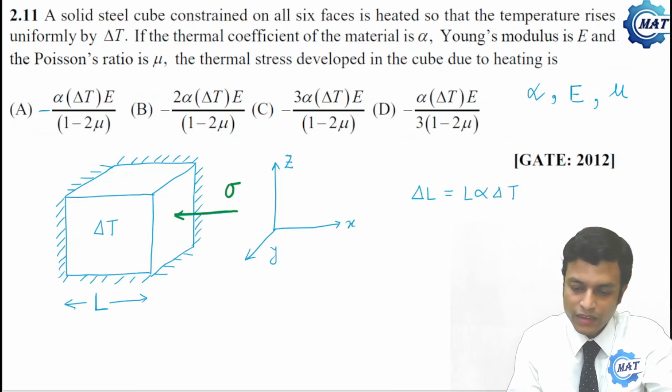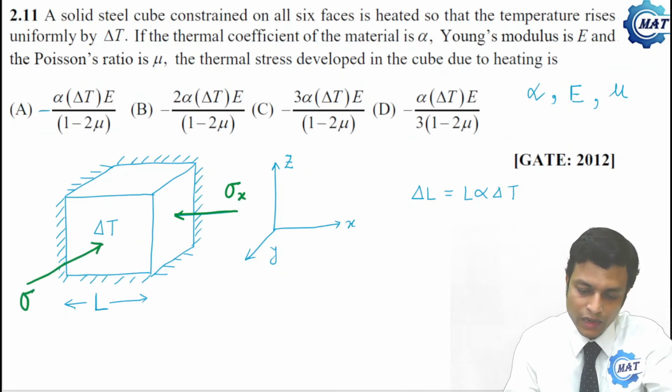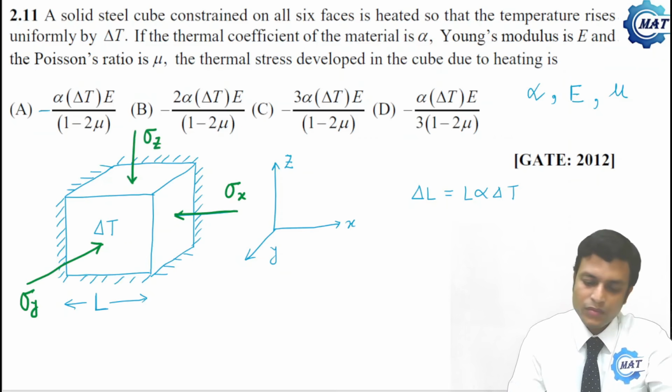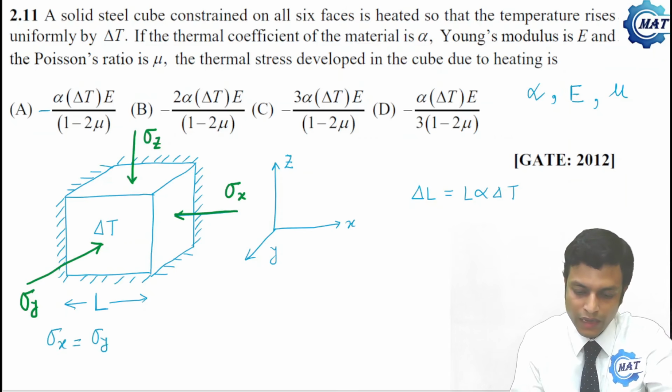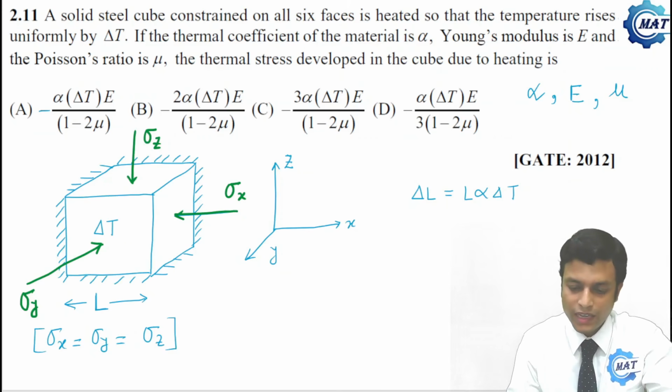That is, say along X direction compressive stress is sigma X, along Y direction compressive stress is sigma Y, and along Z direction stress is sigma Z. As the cube is uniform, sigma X will be equal to sigma Y will be equal to sigma Z. And this condition, when sigma X, sigma Y and sigma Z are the same, is called hydrostatic stress.